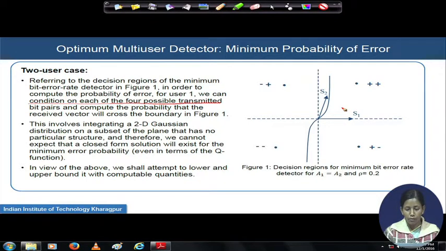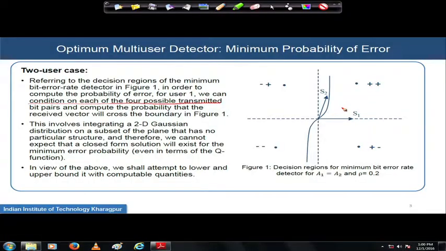So, instead of showing something that does not have a closed form expression with a known function like the Q function, note that numerical solutions are available for that expression.